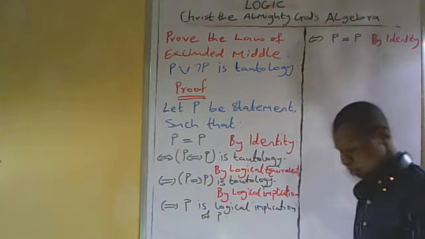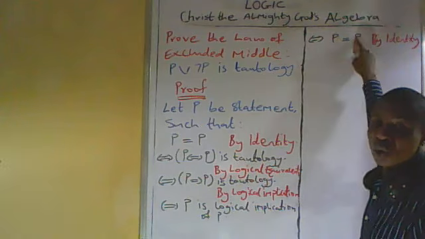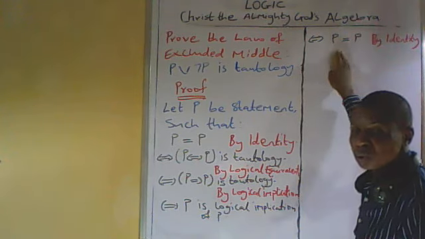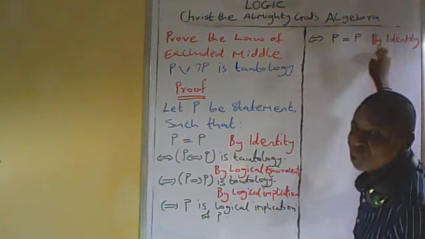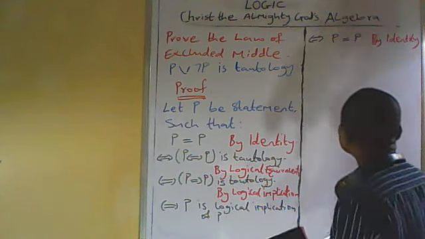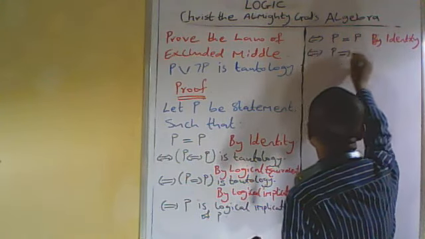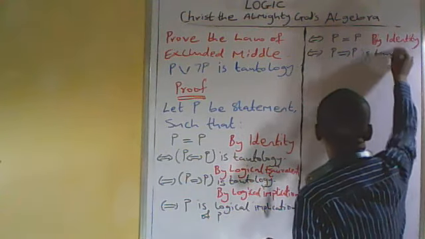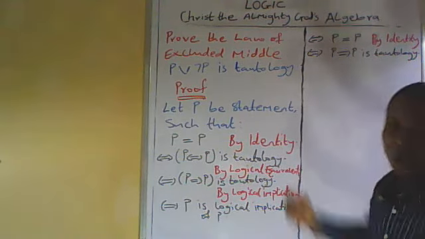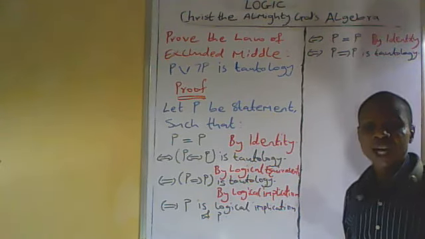Then, since whenever P is true, P is also true, P implies P is a tautology, justified by logical implication.